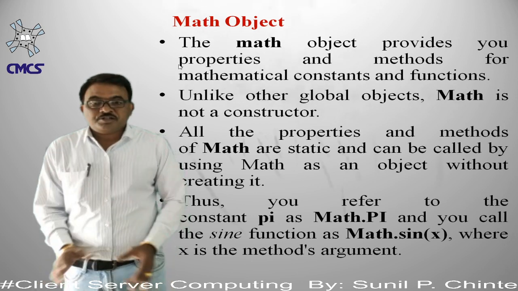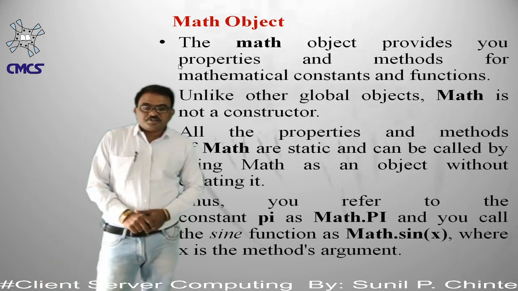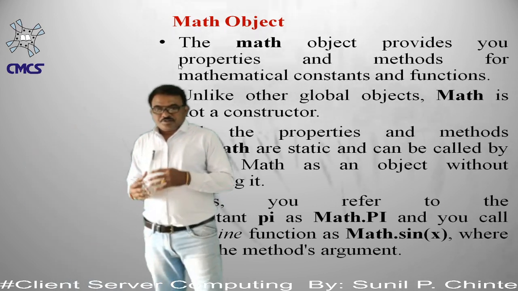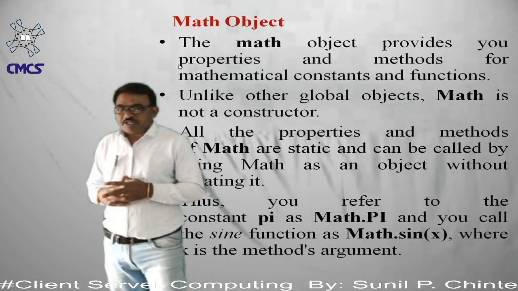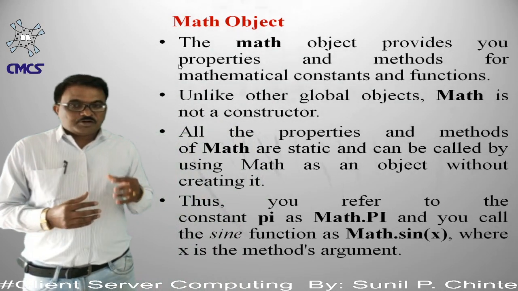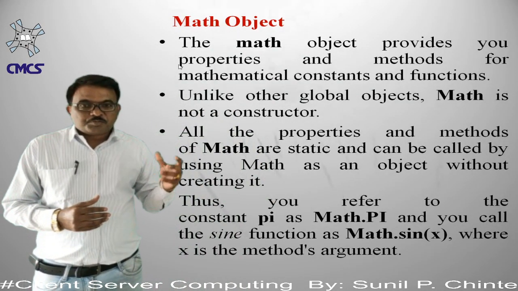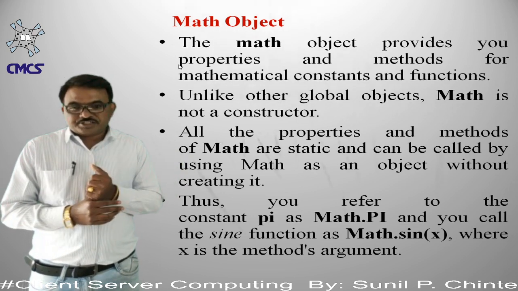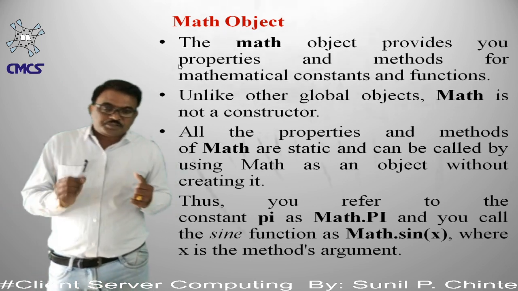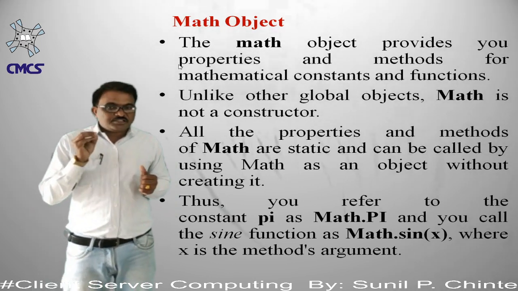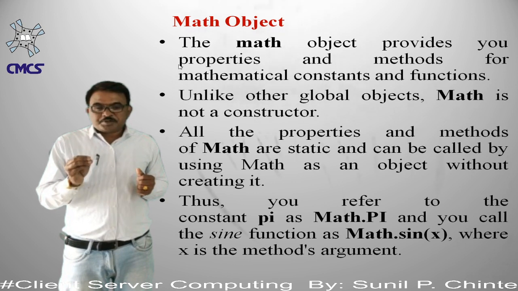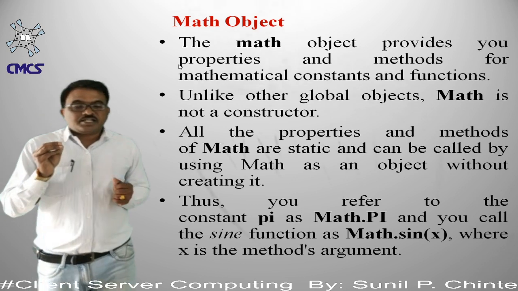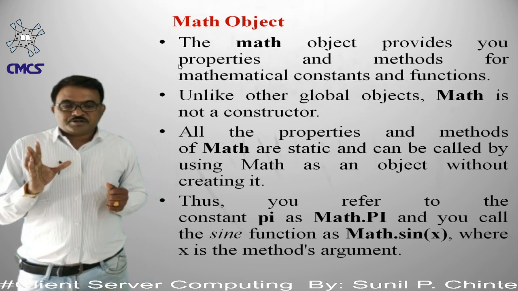Now we have to move on to the math object. The next topic of this session is the math object. I already told you that the math object provides you properties and methods for mathematical constants and functions. Okay, means this math object provides properties and methods for mathematical constants and functions.